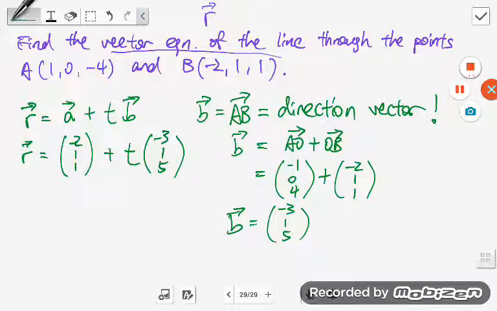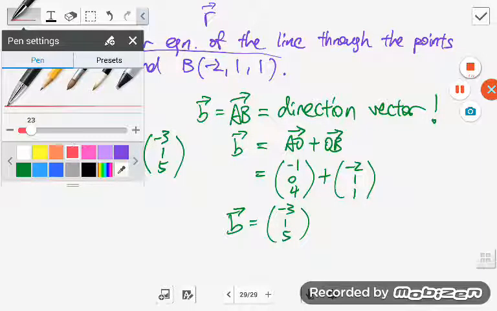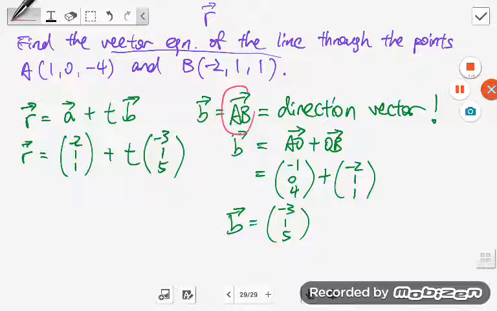Okay, you might be asking, for this part, vector AB, is it possible for me to use vector BA? That will give me some direction. That will give me a vector. And that vector would also be on the line, right? Just in the opposite direction of my vector AB.